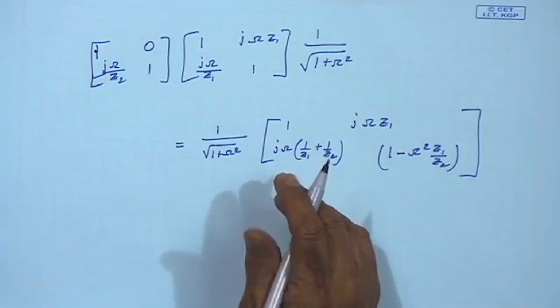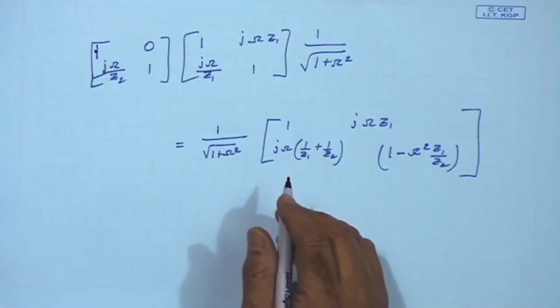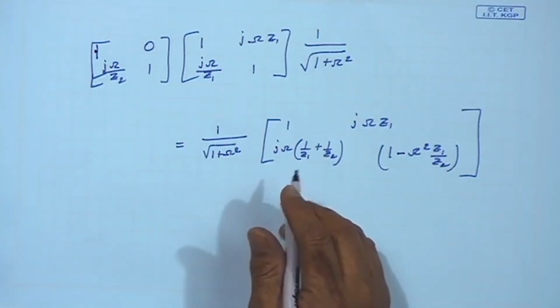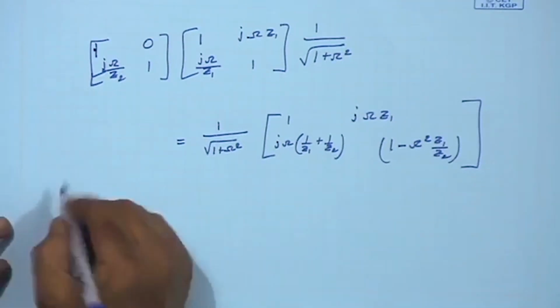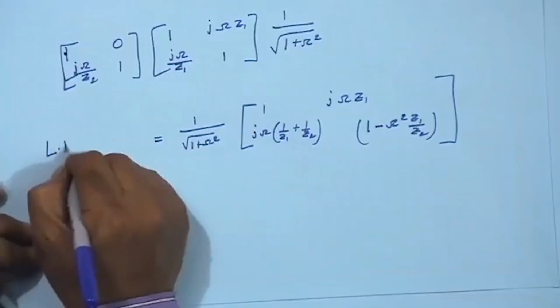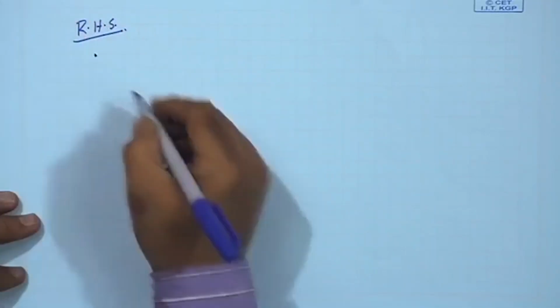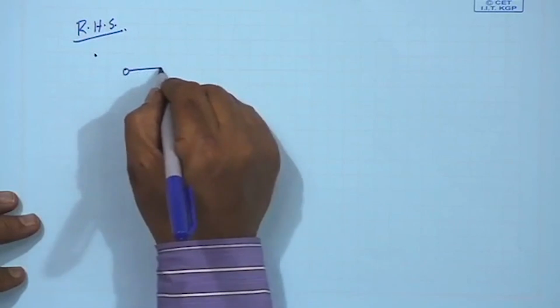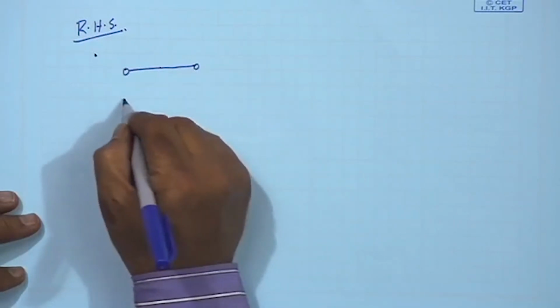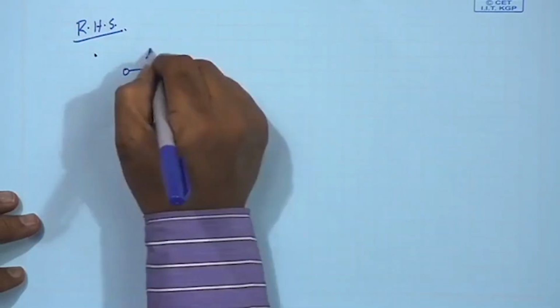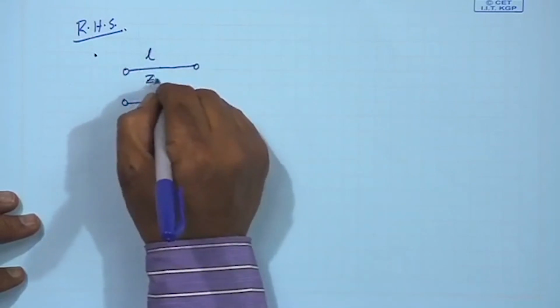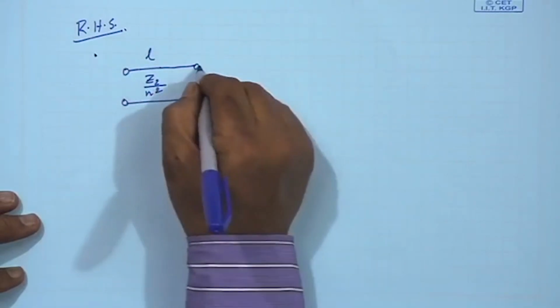Now, for the right hand side you look at the first identity, the first unit cell, and then Z1 by n square. This is basically the LHS, the composite ABCD matrix. In the right hand side I have this unit cell of length L and characteristic impedance Z2 by n square.